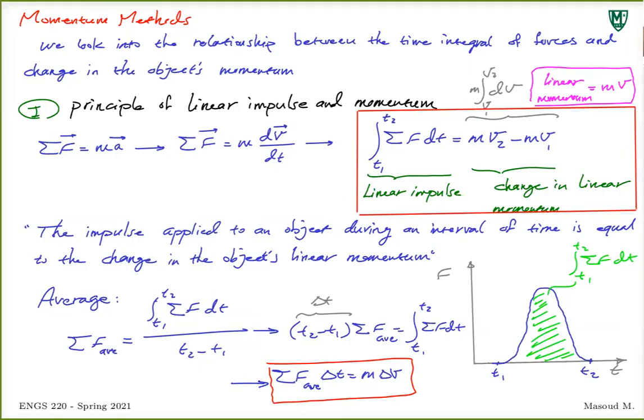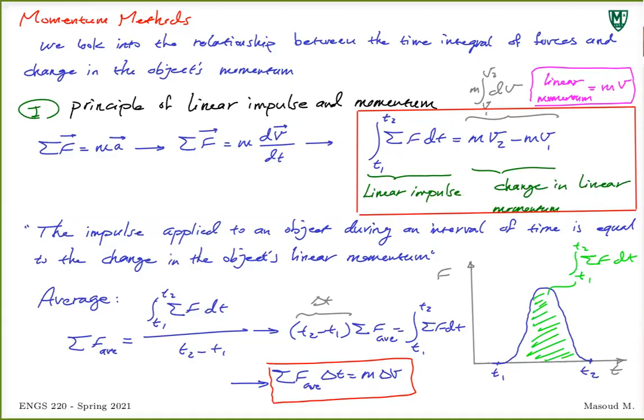Another big difference between momentum methods and energy methods is that in energy methods, when we were talking about the principle of work and energy, we only cared about magnitude. I remember it was 1/2 mv squared. We didn't care about the direction of velocity, and we could not deal with the directionality of velocity.